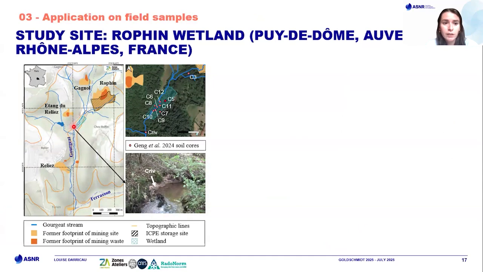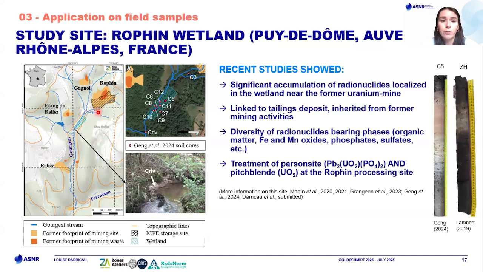And this wetland is located near a former uranium mining site and processing sites. And we know that there is a significant accumulation of radionuclides in this wetland, which is linked to tailing deposits. So during the processing of the uranium ore, there was a tailing deposit in this wetland.